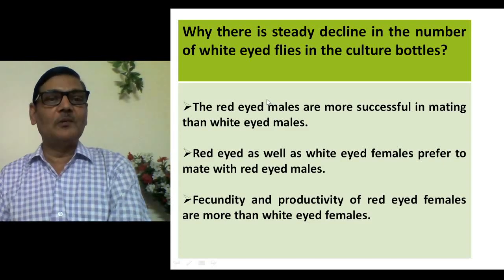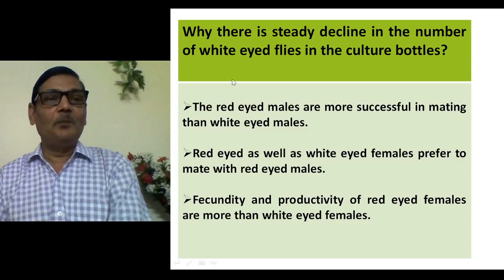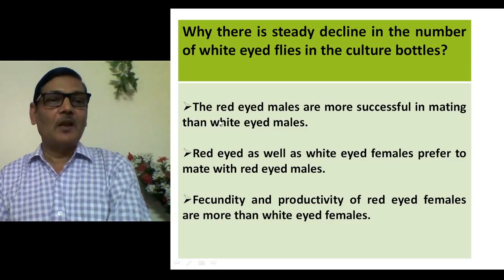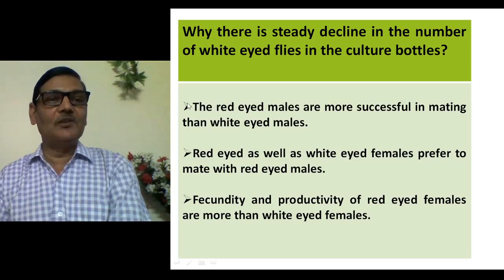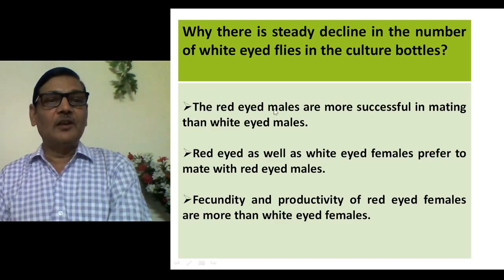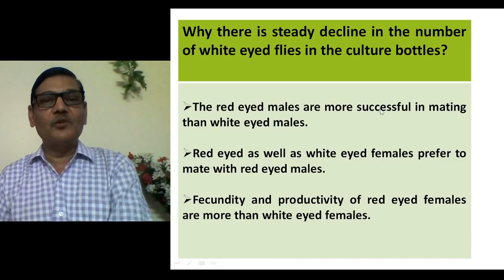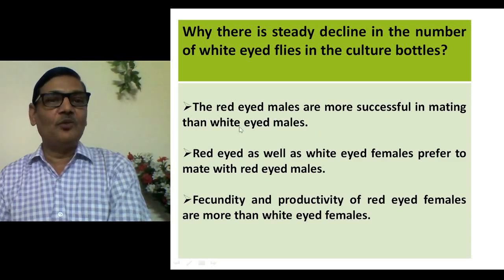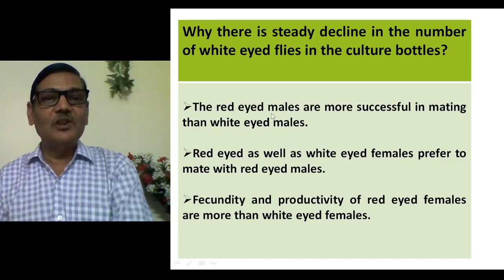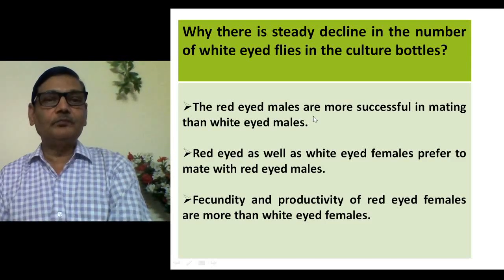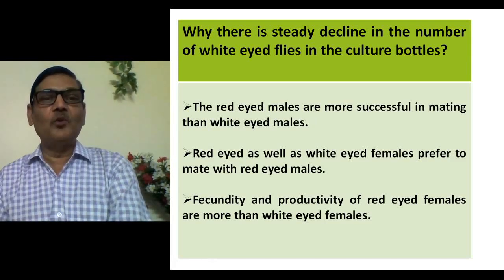They have also observed the fecundity and productivity of white-eyed and red-eyed females. Based on all such analysis, I am citing here 3 major points. The first reason for this decline in the mutant type is that red-eyed males are more successful in mating than white-eyed males. They are more prompt and more active in mating.